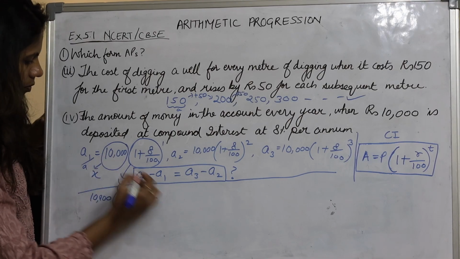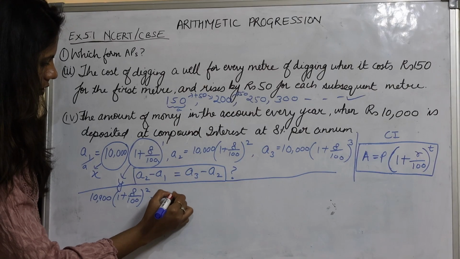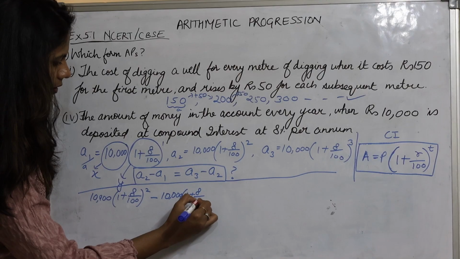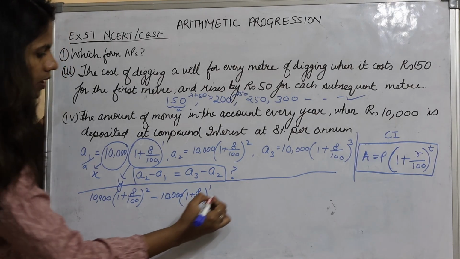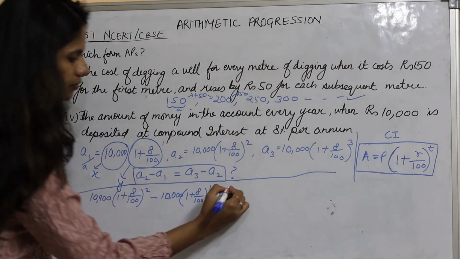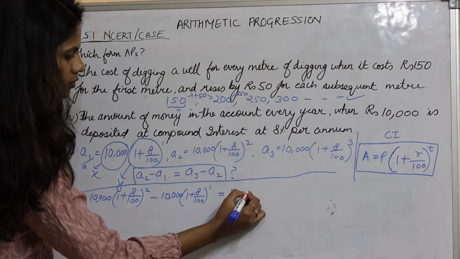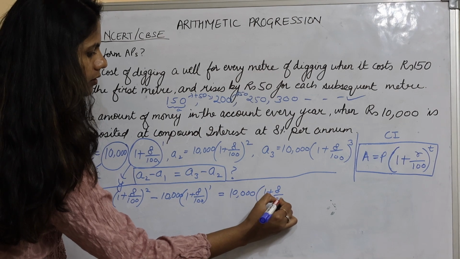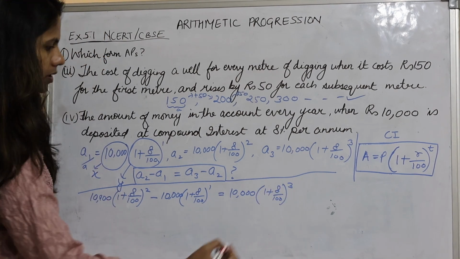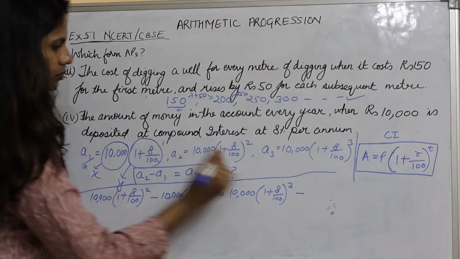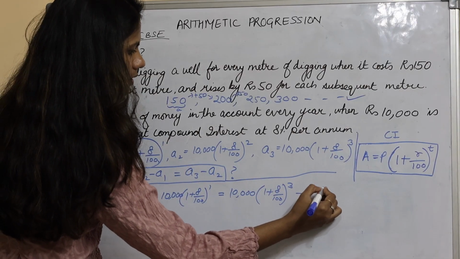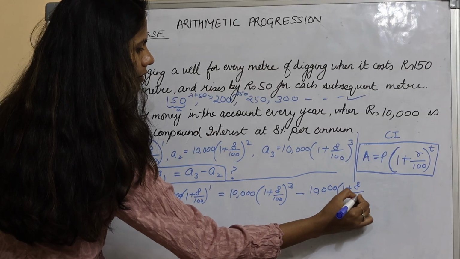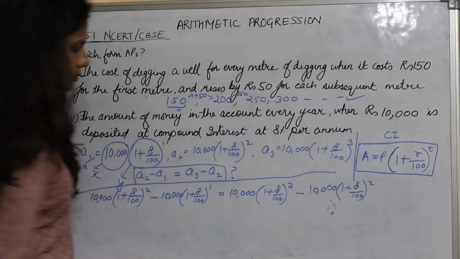A1 is minus 10,000 times 1 plus 8 by 100 power 1. Is it equal to A3, which is 10,000 times 1 plus 8 by 100 to the power 3, minus A2? A2 is 10,000 times 1 plus 8 by 100 to the power 2.